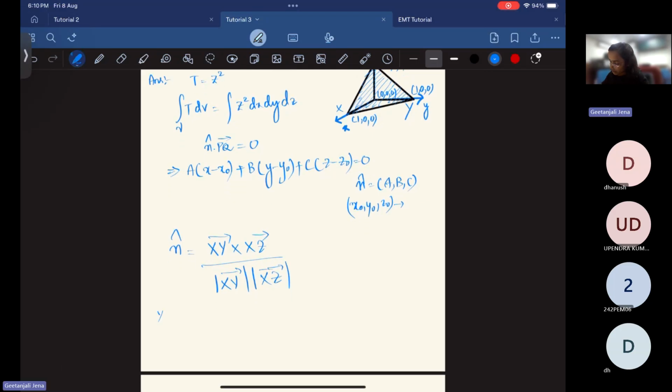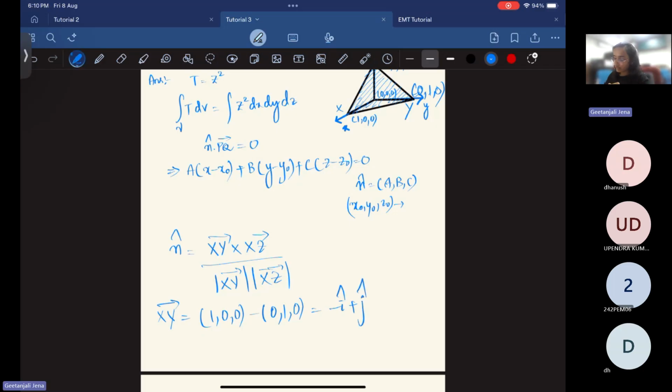So xy: this coordinate should be 0, 1, 0 minus 1, 0, 0. So this will be minus i cap plus j cap.